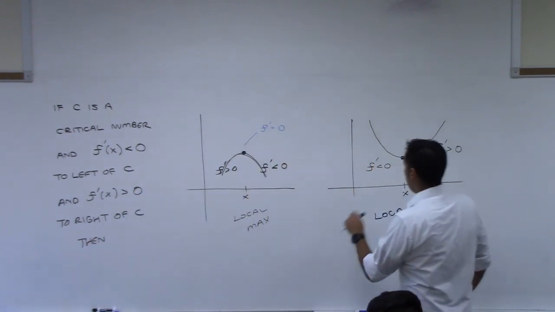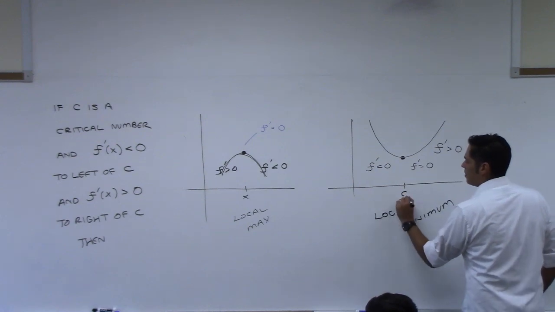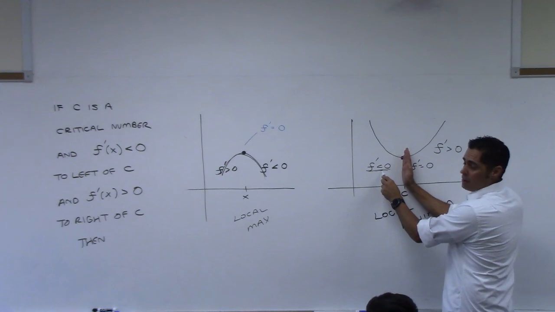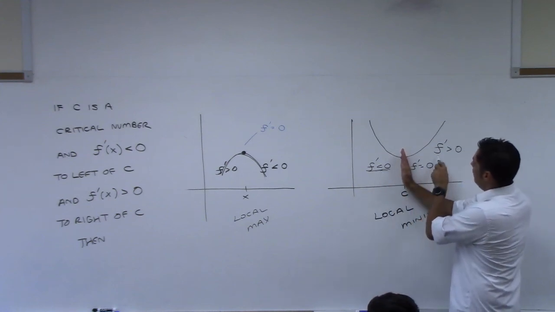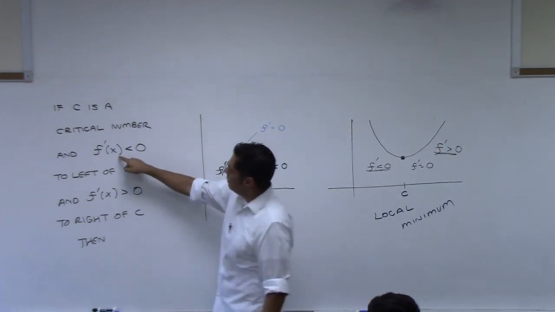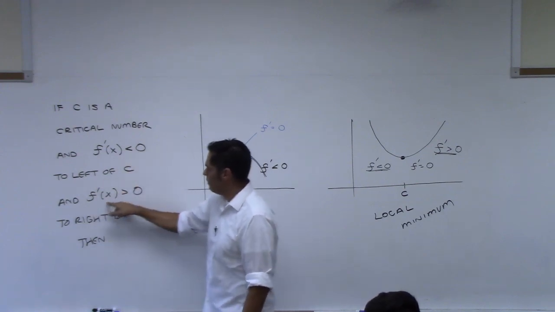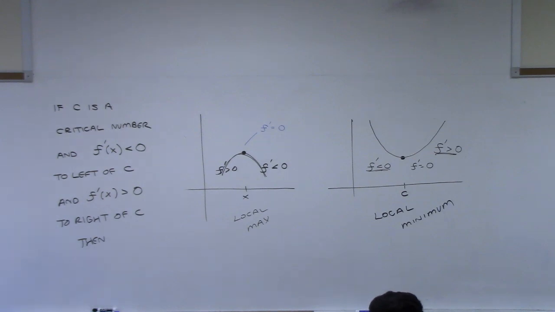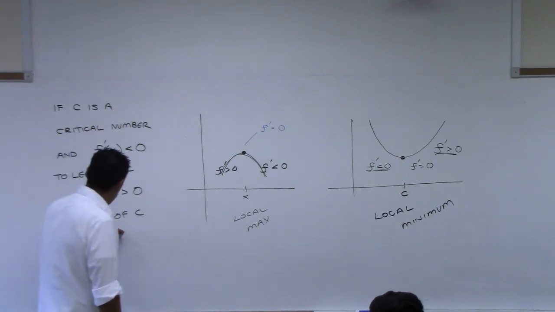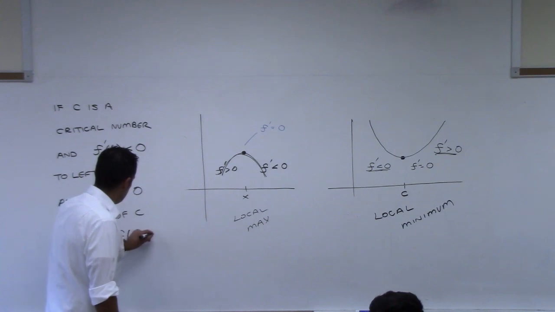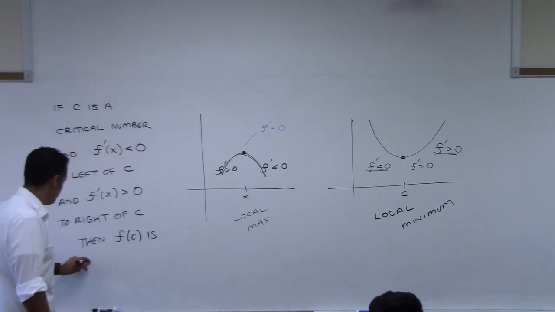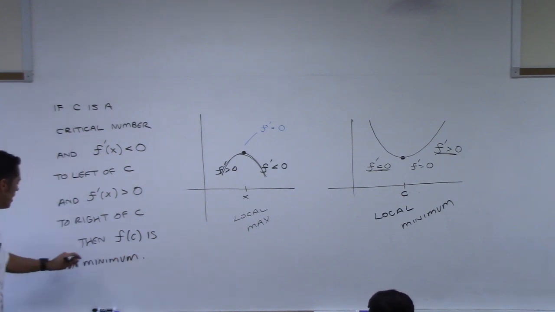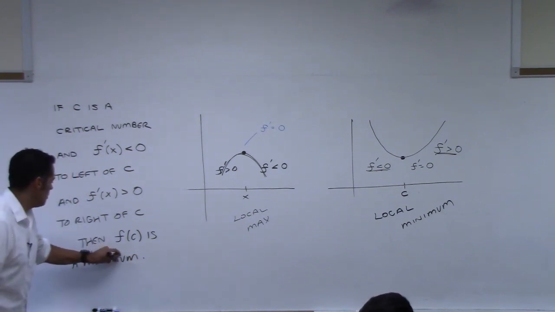So that's basically this picture right here. We're calling this point C. The derivative is negative to the left of C, and the derivative is positive to the right of C. Then what can you tell me about what's happening at C? Then f of C is a local minimum.